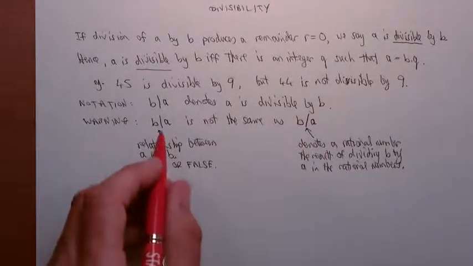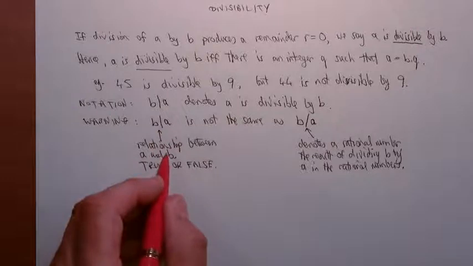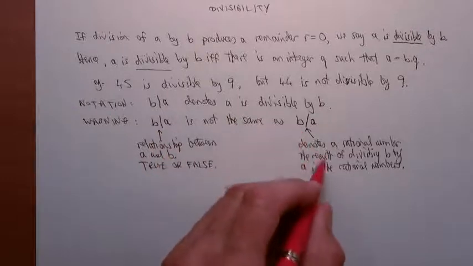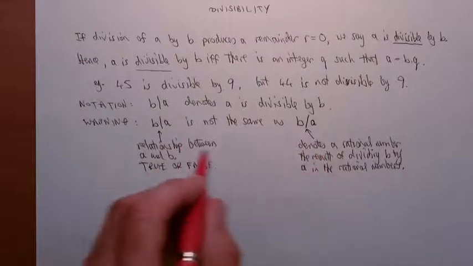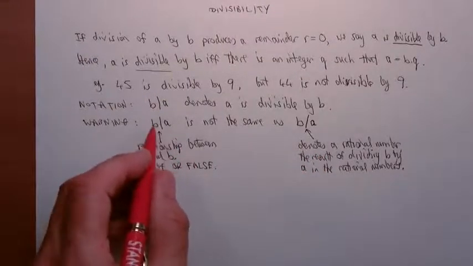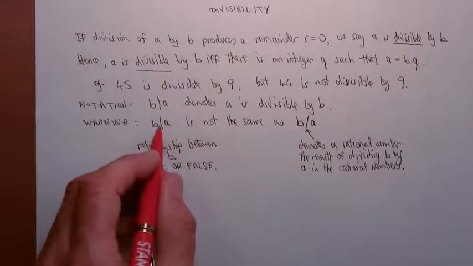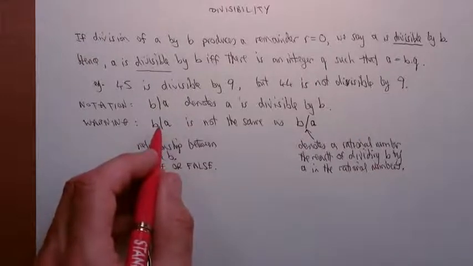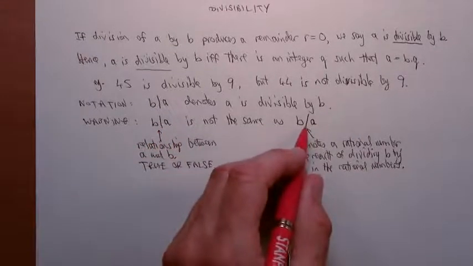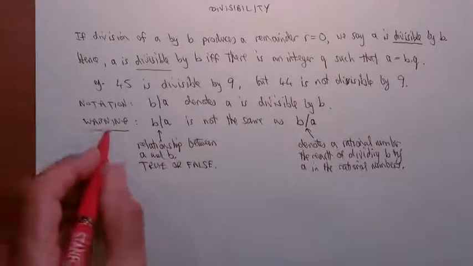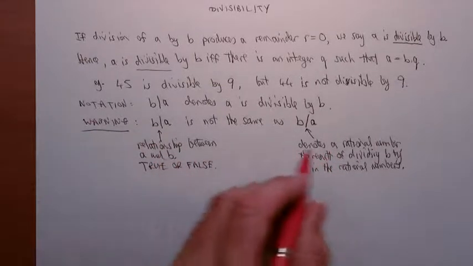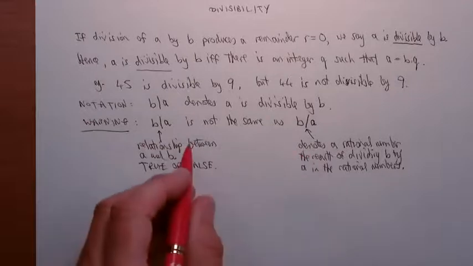So we have a property, a relationship, which is either true or false, and we have a notation for a rational number. Now, these are quite distinct concepts. This is something to do with two integers, tells you whether two integers are in a certain relationship. This is a notation for a specific number. The reason I'm issuing this as a warning is that beginners in particular often confuse these two things.